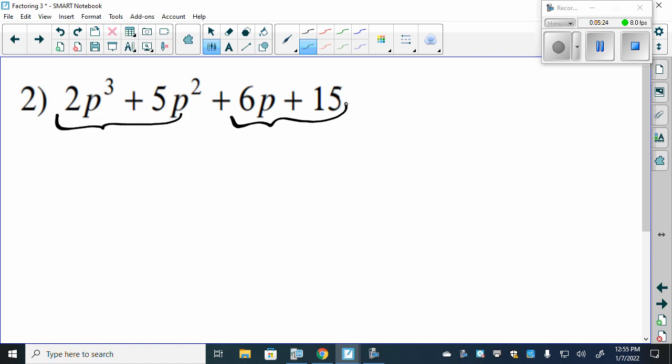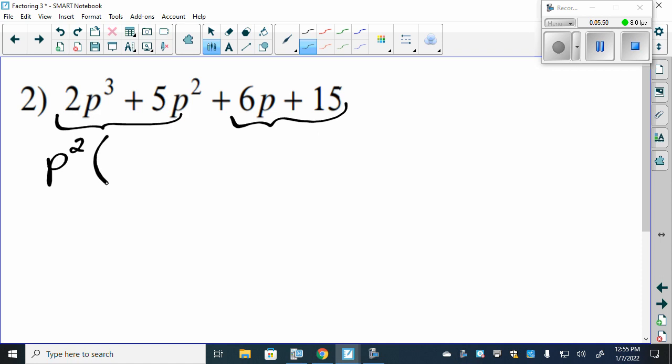So when we look at this here, is there a greatest common factor between 2p cubed and 5p squared? There's not a number, but there is a variable, p squared. Because 2p cubed, there are 3 p's there, and 5p squared, there are 2 of them there. So both of them have at least 2. And we can factor those out.